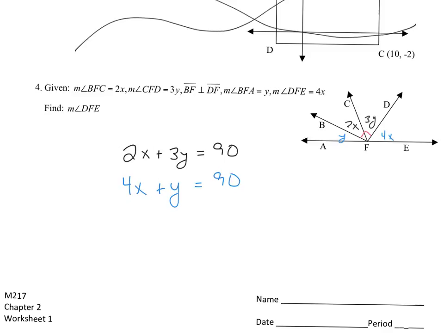So I have a system of equations. And it looks like I could use elimination or substitution. So let's do some substitution. So I know I have y equals 90 minus 4x. So this 90 minus 4x is going to go in for y up here. So now my equation is 2x plus 3 multiplied by 90 minus 4x is equal to 90.